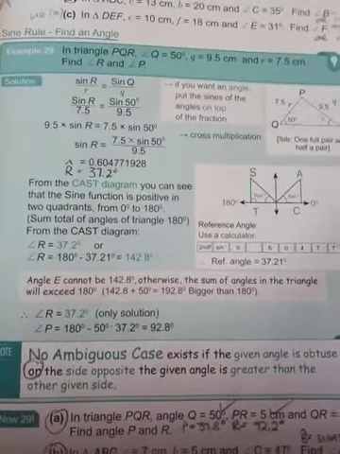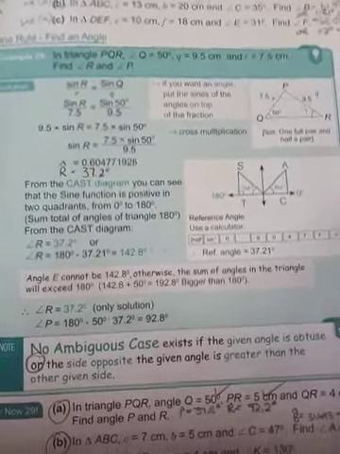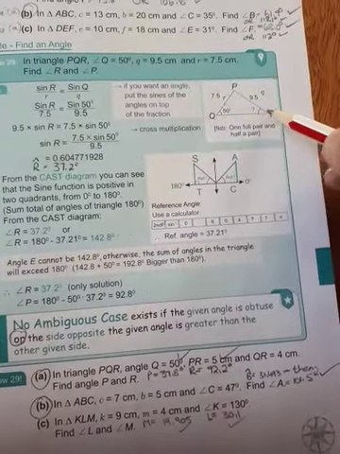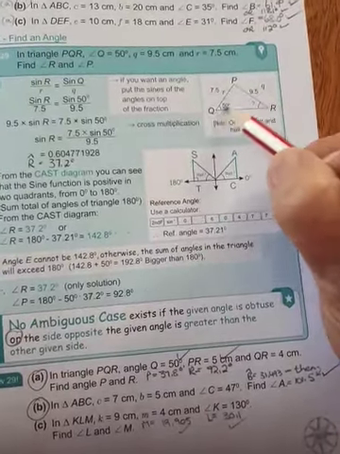I want to, however, look at the next example, where we're going to have a non-ambiguous case. So let's quickly look. We've got triangle PQR. We again have a full pair.